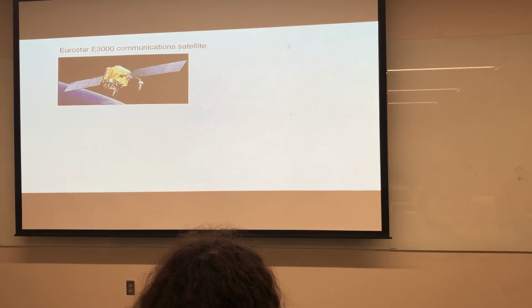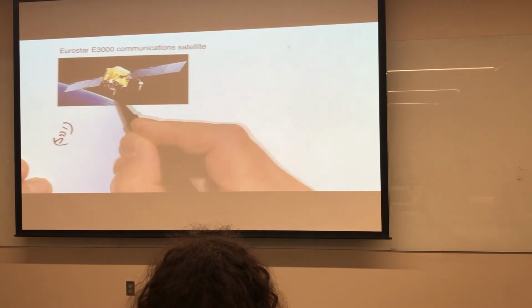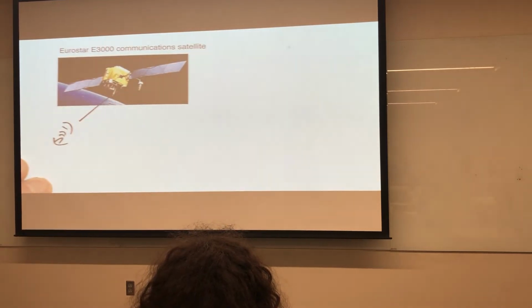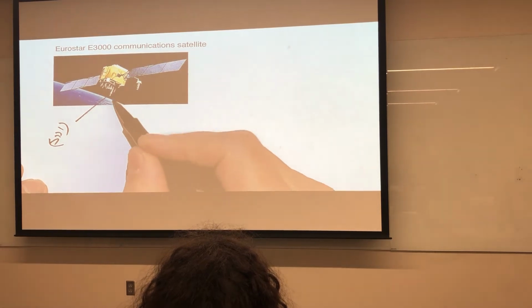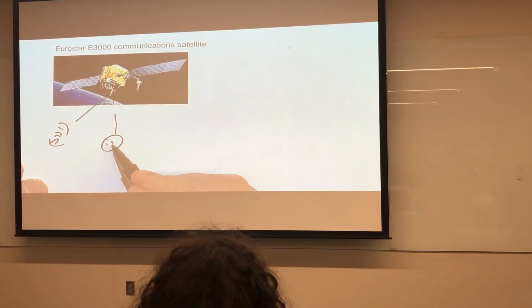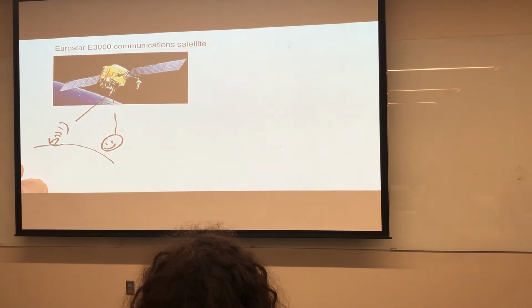So what you have in front of you is a picture of a communication satellite. This is typical of something that we would use for DirecTV, if you have satellite TV. You've got an Earth station that's beaming information up to the satellite, and it's got to be in the right place in its orbit in order to cover the United States, and it sends information back down to us, and we're happy when we get our DirecTV.